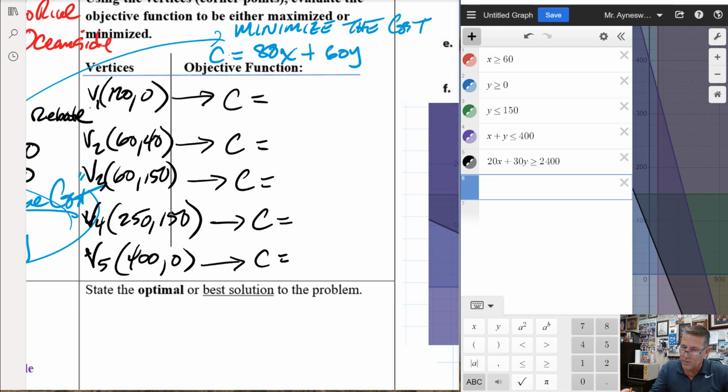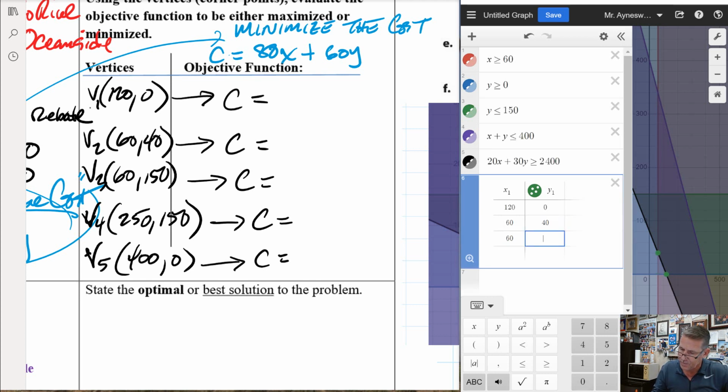So let's add in a table. Let's put the vertices in. So 120, 0. Second one, 60, 40. Third one, 60, 150. Fourth one, 250, 150. And then the last one, 400, 0.